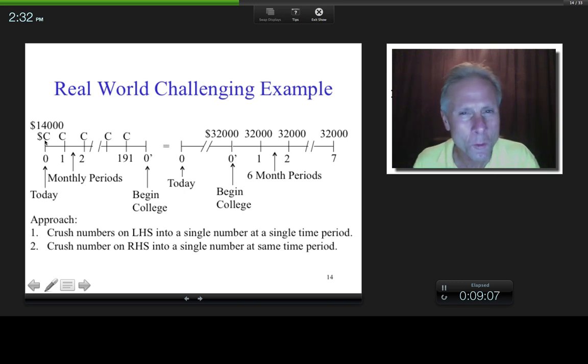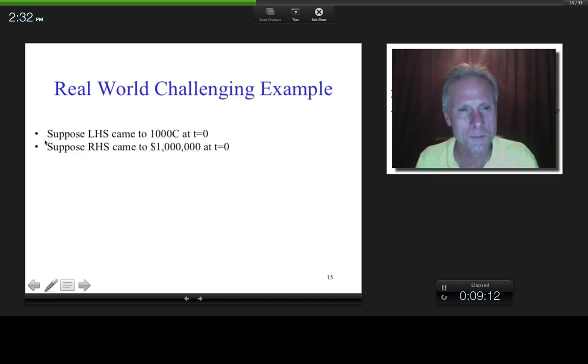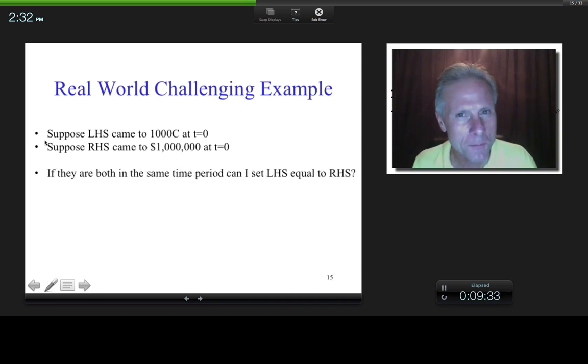Now, before we get into all the numbers, just to illustrate what I'm talking about, suppose the left-hand side, so all my savings, came to, we already said it'd be a function of c, right? Say 1,000 c at time 0. And say the right-hand side, when I took all of those numbers and brought them all back to time 0, say they came to $1 million. And again, if they're both in the same time period, can I set them equal to each other?